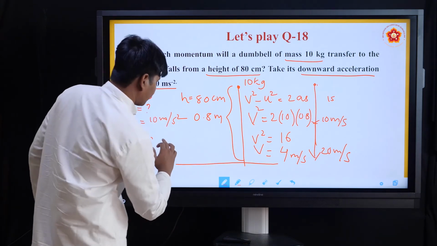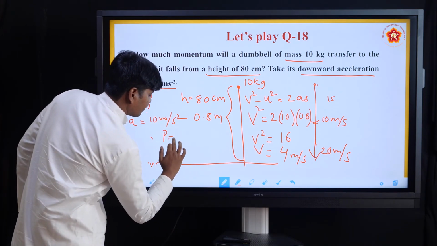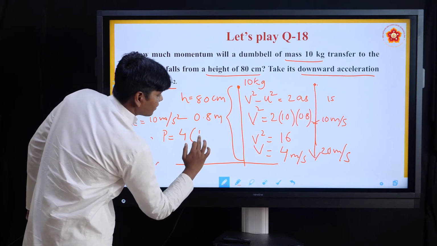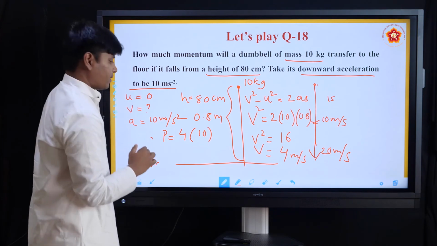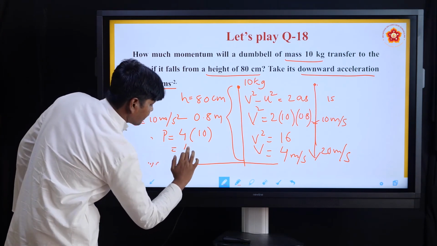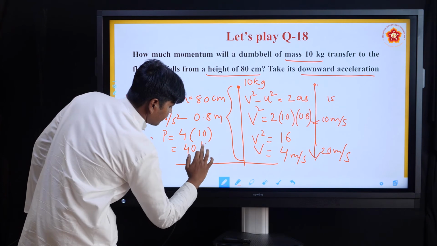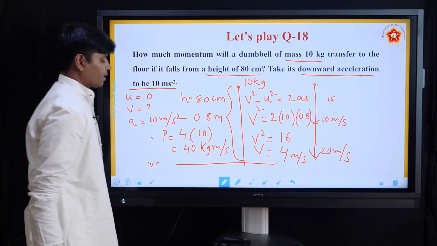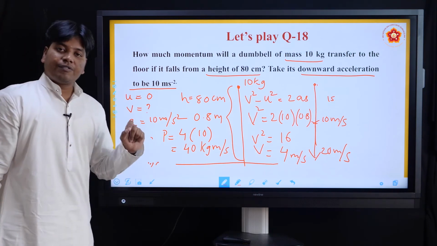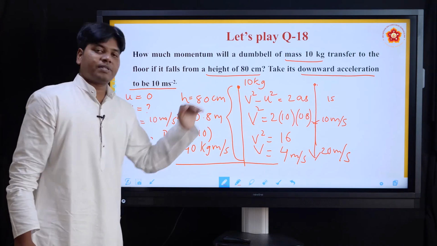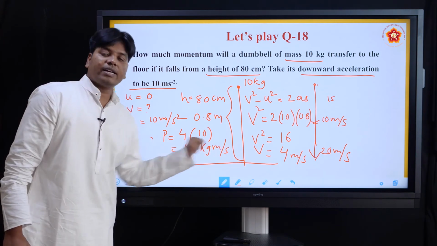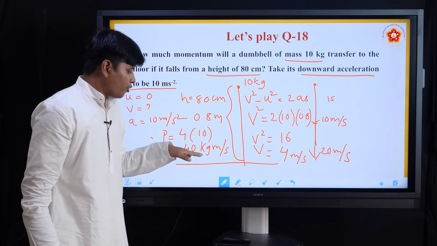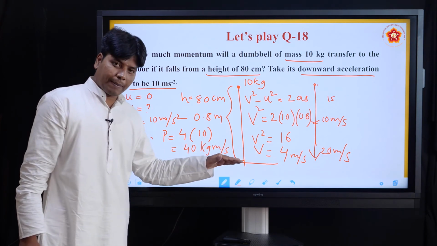So final momentum P is equal to 4 into 10, that turns out to be 40 kg meters per second. So this is the final momentum that the object is transferring on the floor. The dumbbell is having 40 kg meters per second just before the impact.